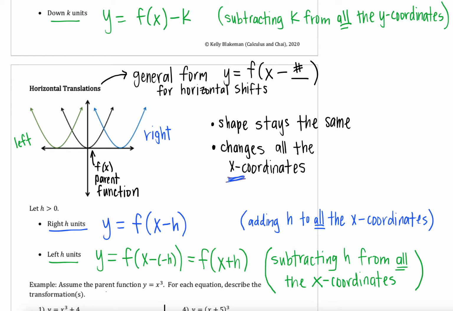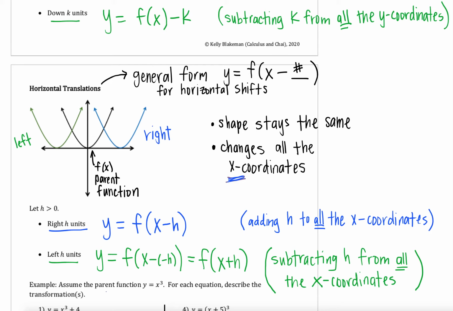Now, if that number I sub in is positive, then I'd be going to the right. And if I sub in a negative number, I would be going to the left. What makes this a little confusing is that when I sub in a positive number here, I actually end up with a negative sign in my final answer because I get f of x minus that positive number.